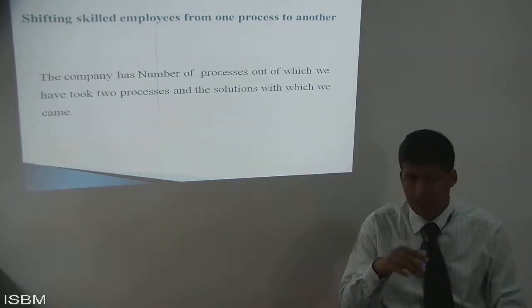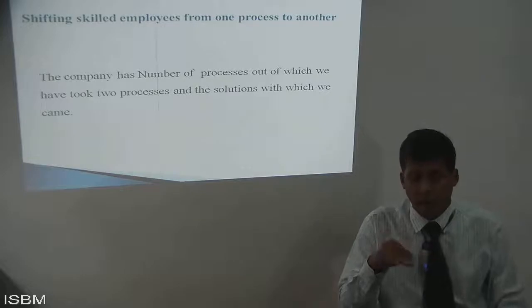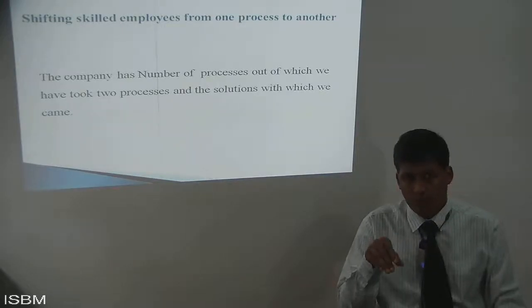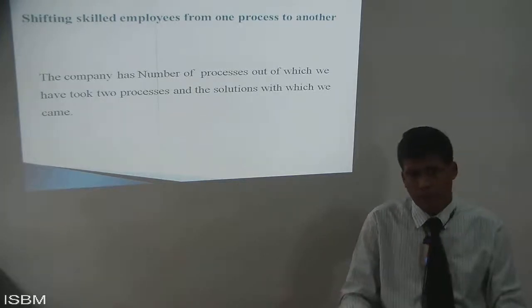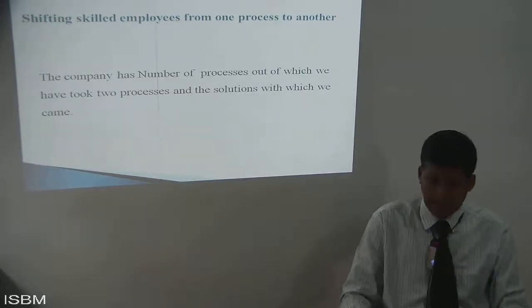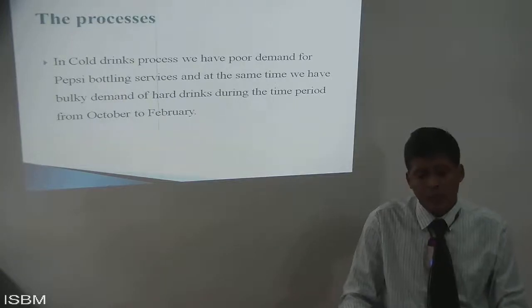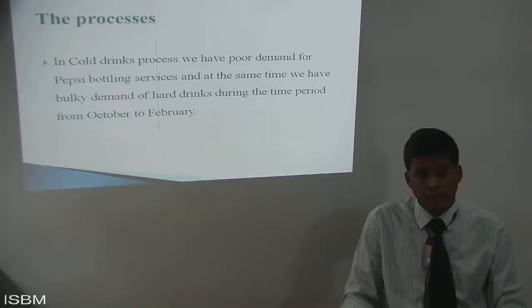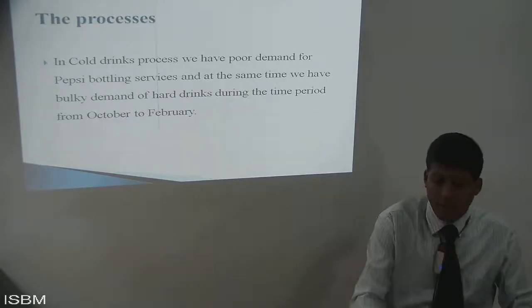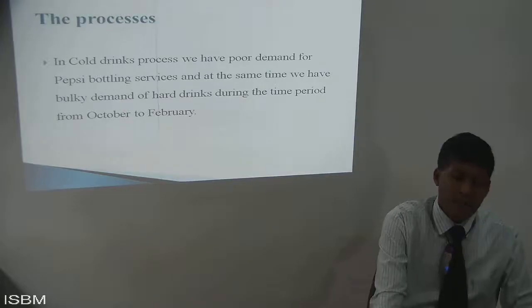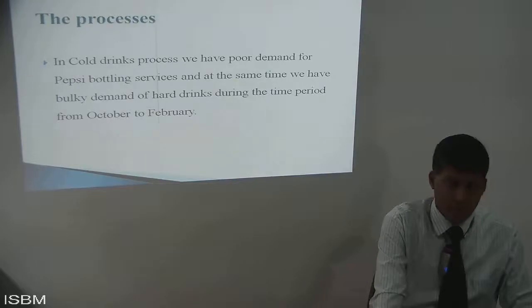The company has a number of processes, out of which we have taken two. In the cold drink process, we have poor demand for Pepsi bottling services, and at the same time we have bulky demand for hard drinks from October to February.